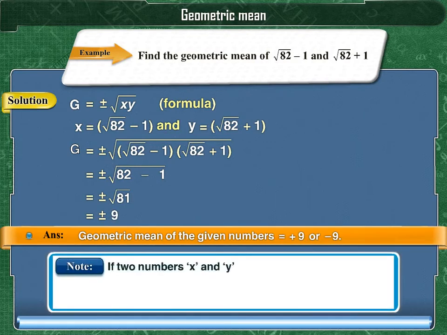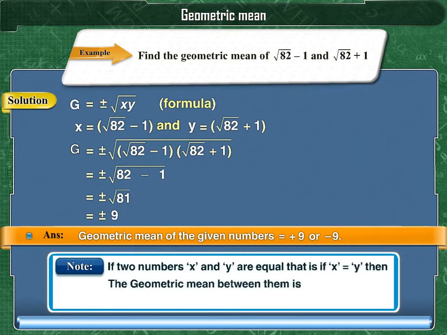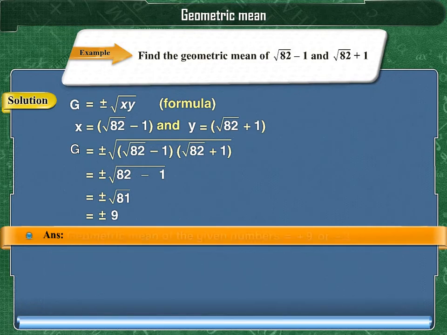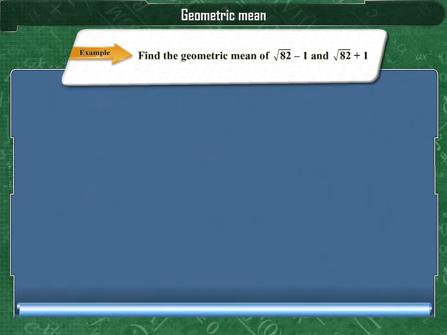If the two numbers x and y are equal, that is, if x is y, then the geometric mean between them is g is plus or minus of square root of x into x, which is plus or minus x. Consider the following examples.